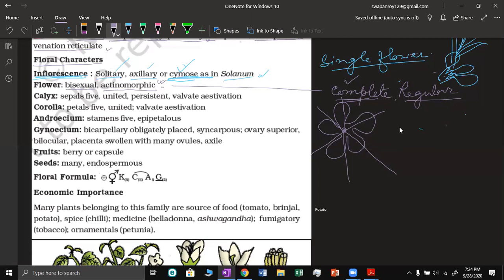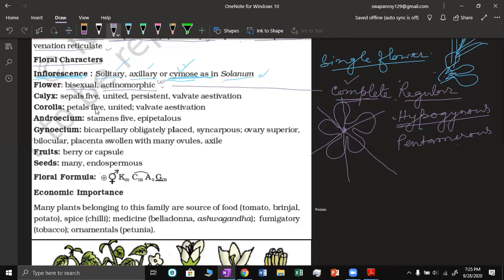One more character you must add here is hypogynous. Hypogynous means all other floral parts are below the gynoecium. Remember that? And also you can write that one term is pentamerous.